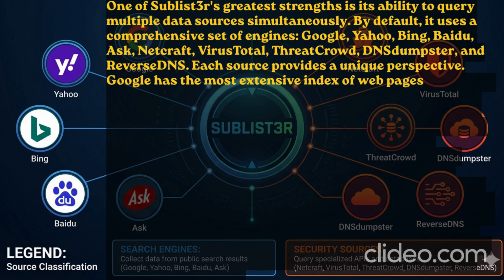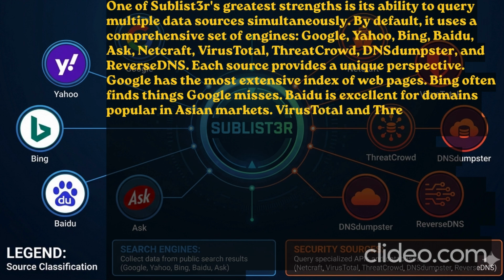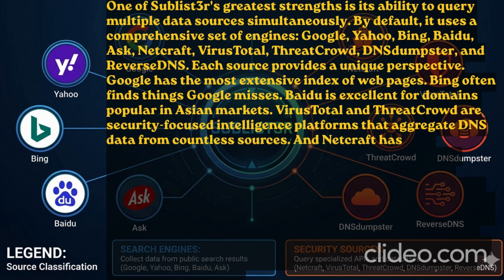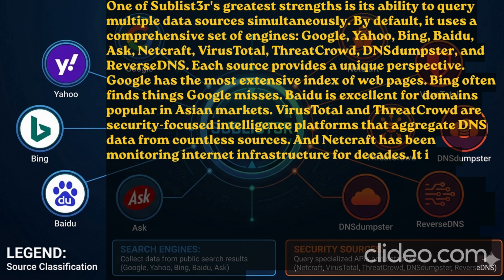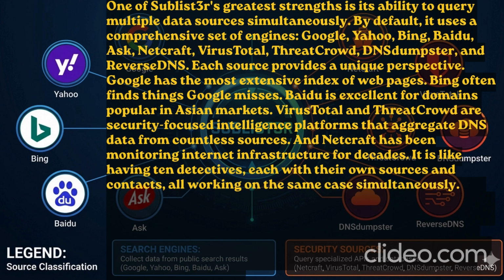Bing often finds things Google misses. Baidu is excellent for domains popular in Asian markets. VirusTotal and ThreatCrowd are security-focused intelligence platforms that aggregate DNS data from countless sources, and Netcraft has been monitoring internet infrastructure for decades. It's like having 10 detectives, each with their own sources and contacts, all working on the same case simultaneously.